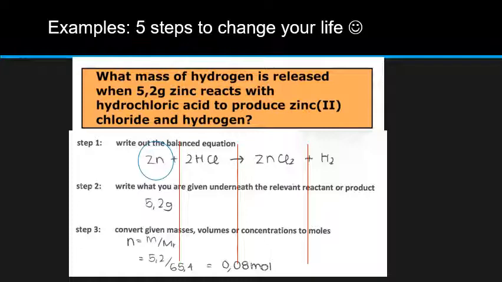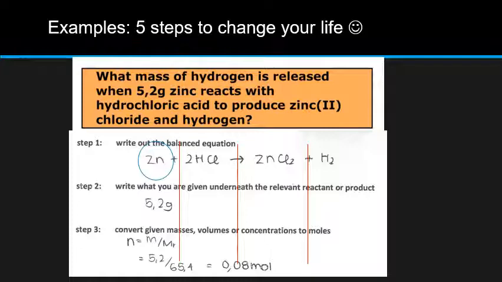It wants to know the mass of that product that is released after the reaction. So before you do anything, I want you to underline the mass of hydrogen released, because that is the essential question. Step 1, we're going to write out our balanced equation.